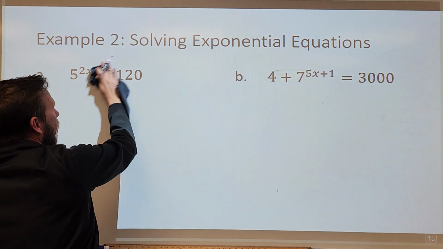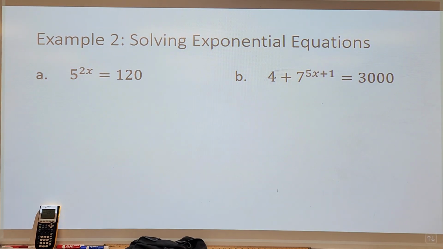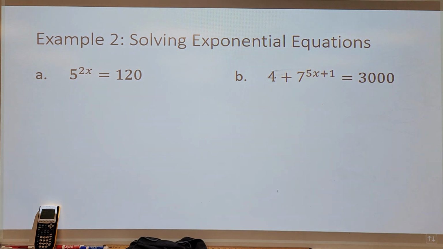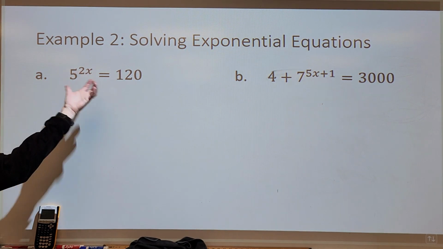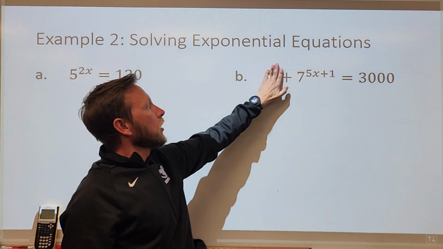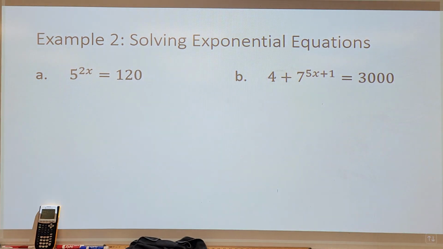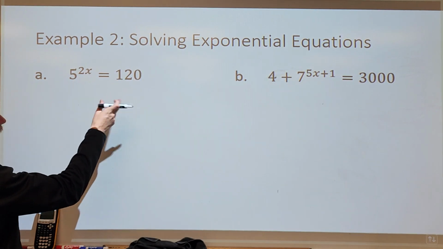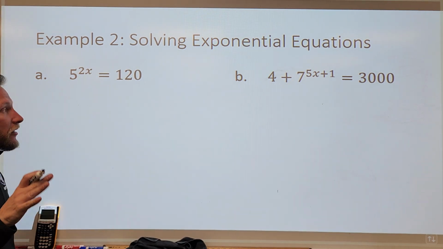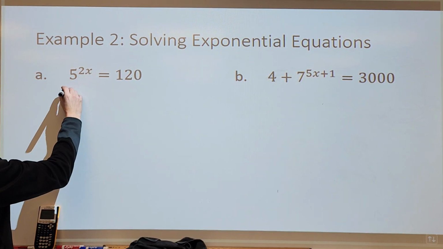All right, and then now we're going to use logarithms to write these exponential equations in logarithmic form, and then of course be able to solve for the variable. So for example, I could just take the common log base 10 on both sides.